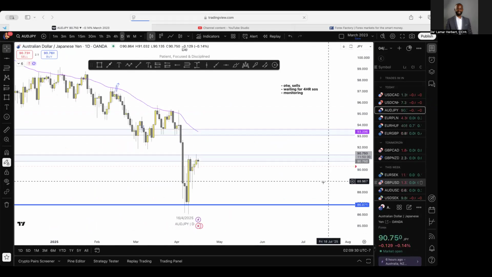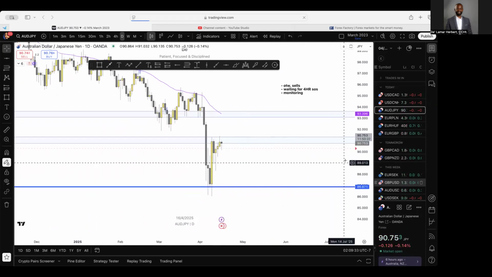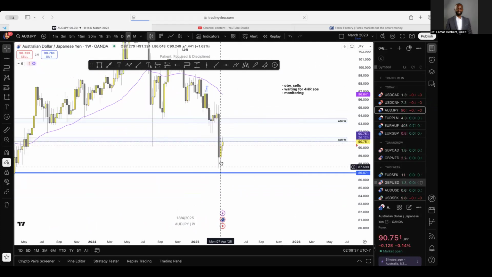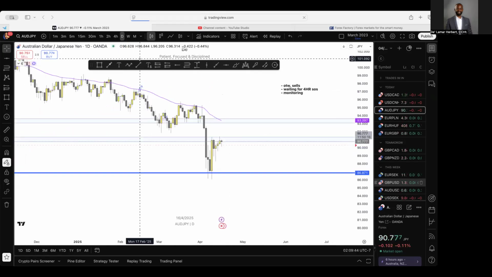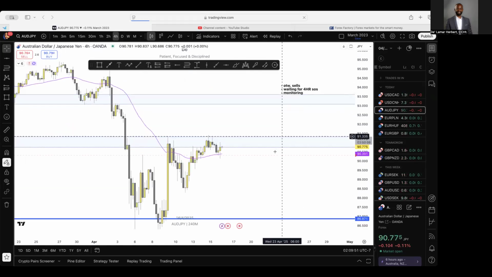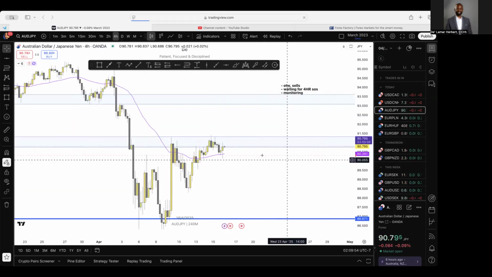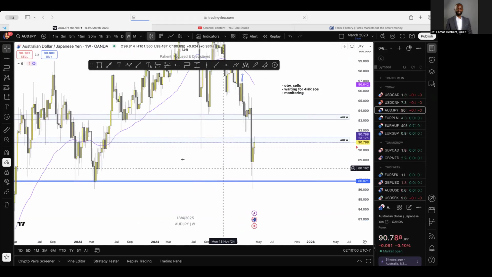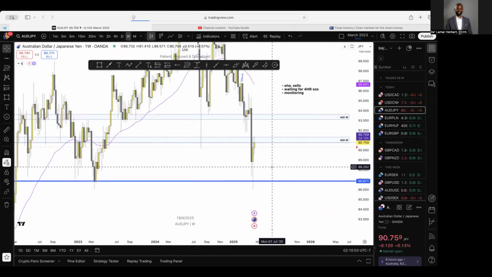AUD JPY. We are at this area of interest, but there's a lot of indecision here, especially with these wicks here. So I wouldn't be surprised if we just keep going up. To be totally honest with you, this is a pullback. Just going off the structure, we'll be looking for a 4-hour shift to structure and then sales. But like I said, with these strong weekly wicks, I will be very cautious of taking sales.